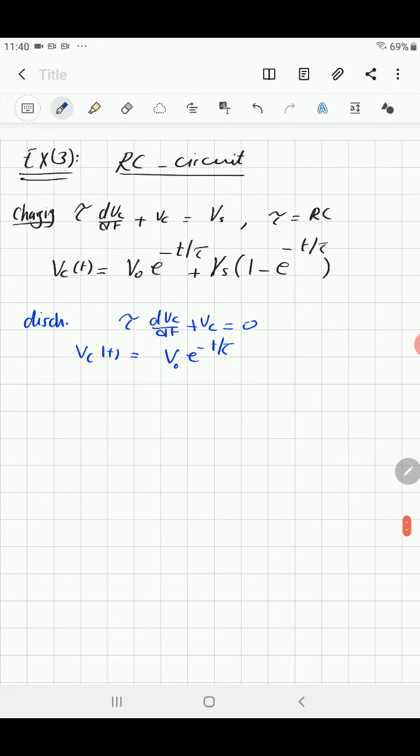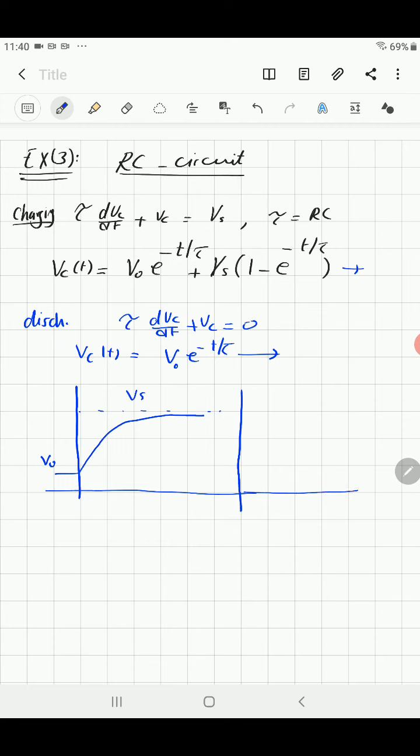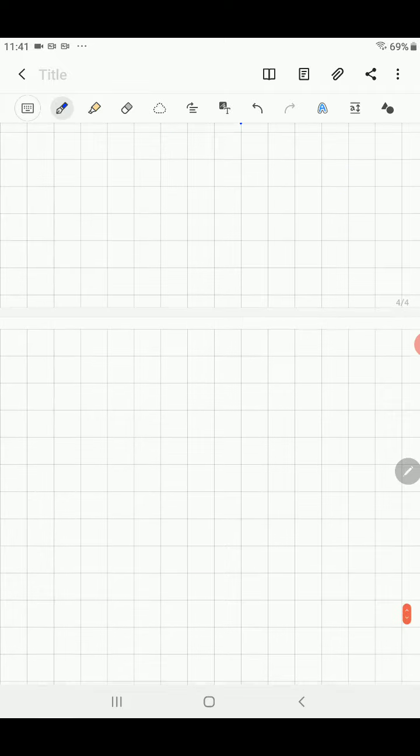If you want to sketch both solutions, when you are charging, you start from the initial condition till you reach Vs, charging like that. If you are discharging, let's say you are here, it will go down like that till it reaches 0. So that's discharging. Tau is equal to RC.